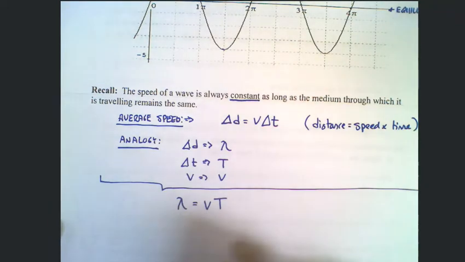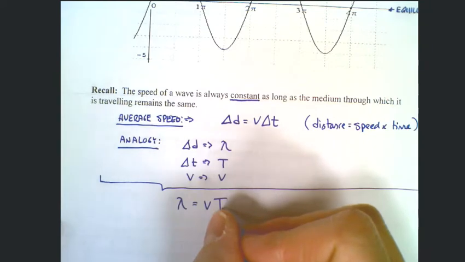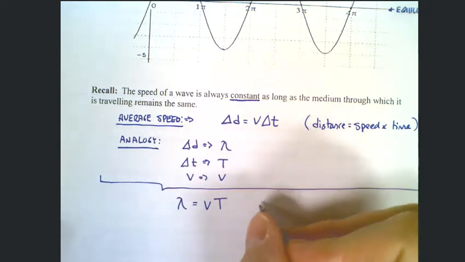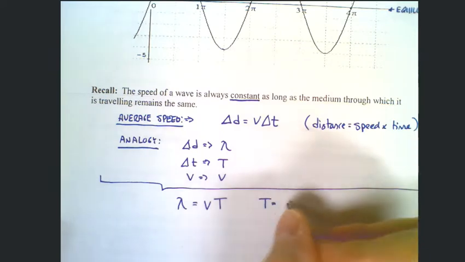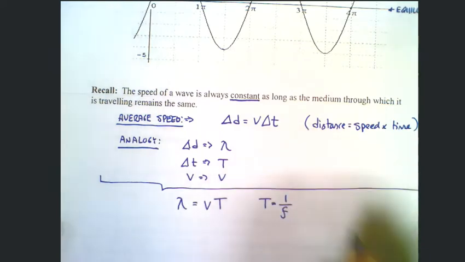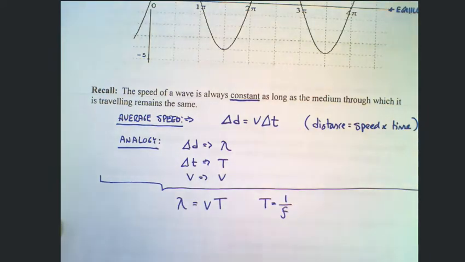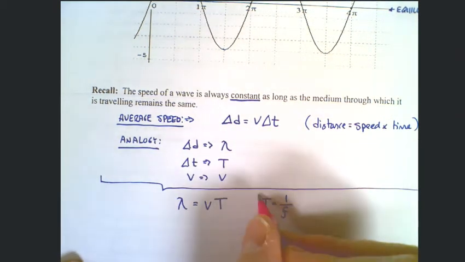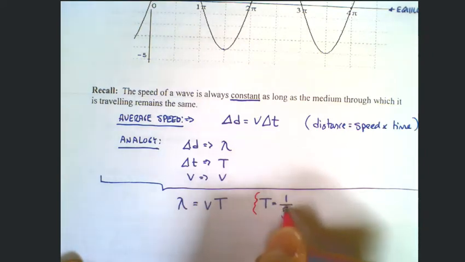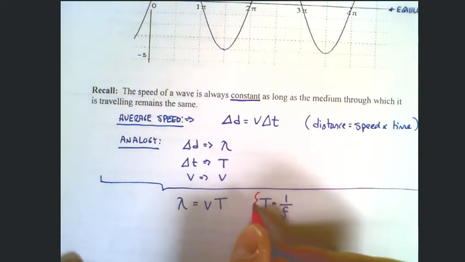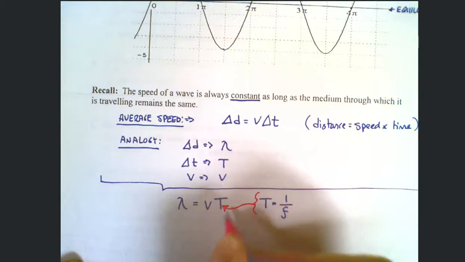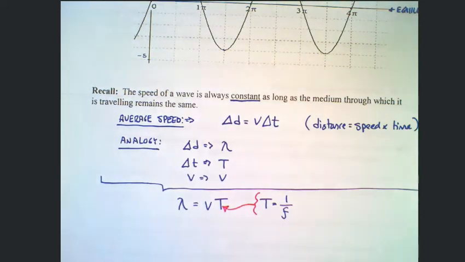It's a stupid joke. So what we're going to do from here is look at what period is. Period, we recall, is simply the reciprocal or the inverse of the frequency. So if I do a quick substitution where I know that the relationship between period and frequency is period equals 1 over frequency, I can substitute that in right here.